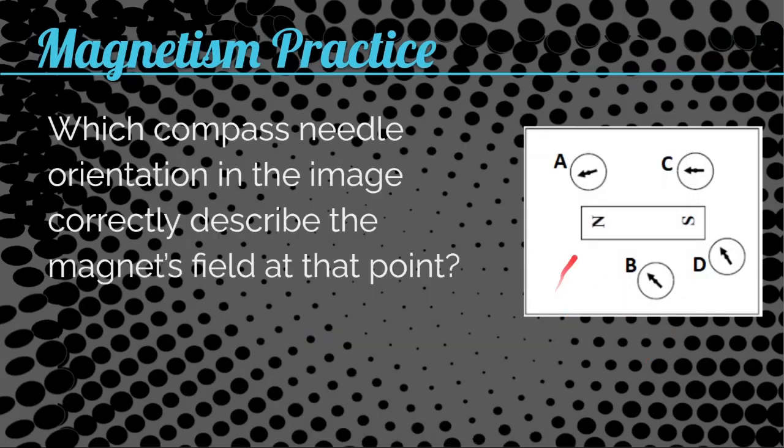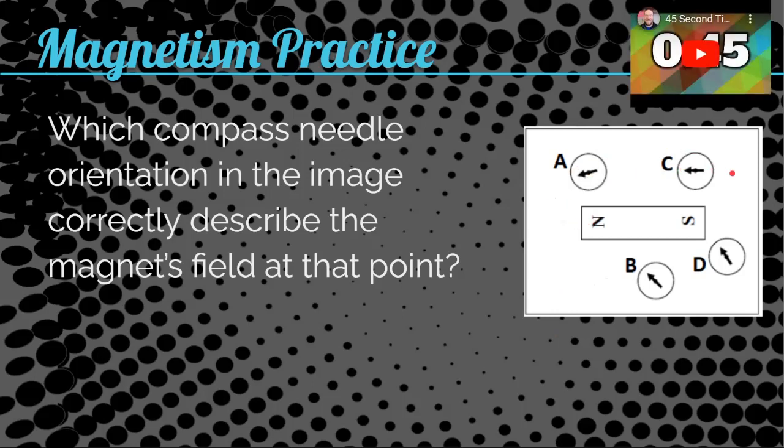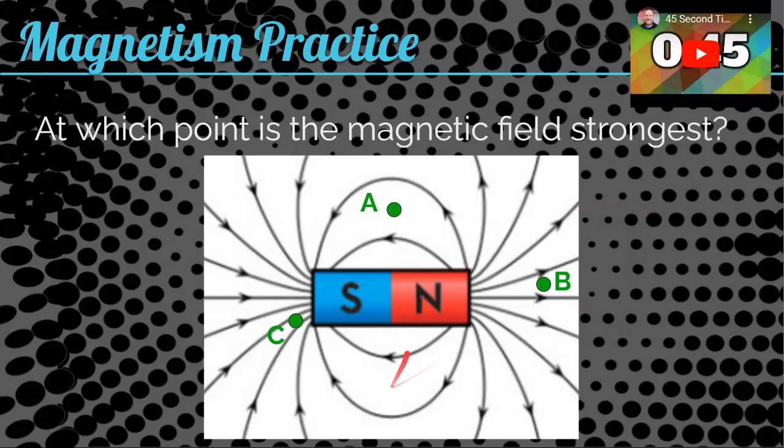But again, if you go from north to south, A and C are pretty much backwards from what I would expect. B doesn't make any sense. But if you think of that loop going from north over here to south, it would curve back into the south pole, so you would expect it to be at a diagonal there. It would fall along that field line. You can see similar field lines here. Again, as they approach, you have this diagonal line coming in.